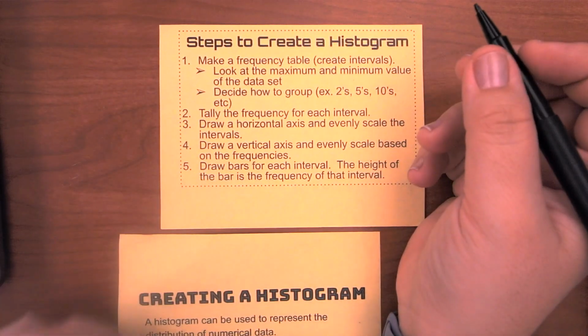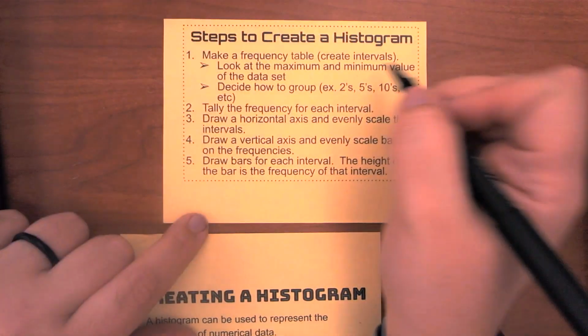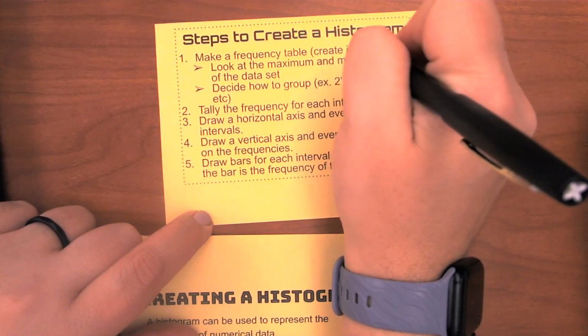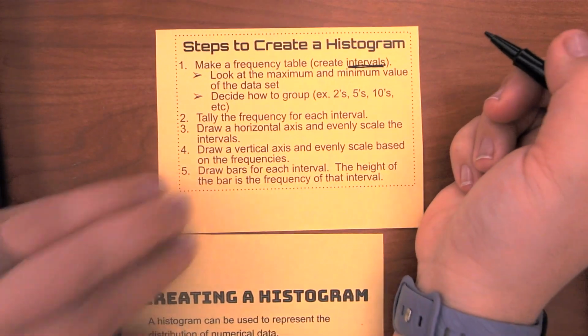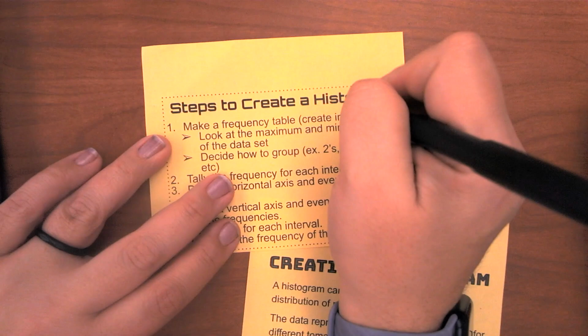So just to make sure we're on the same page, I have spoken to the teachers that teach you next year, and I've asked that they share with me what vocabulary they use when they do statistics to make sure we're using the same terms. One of the things they mentioned was that the word intervals is used here. Let me circle that so it's a little bit different.